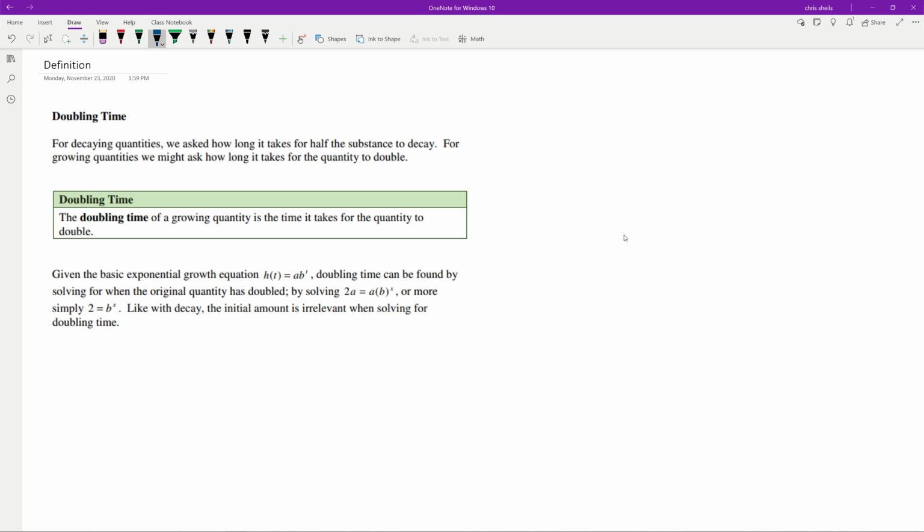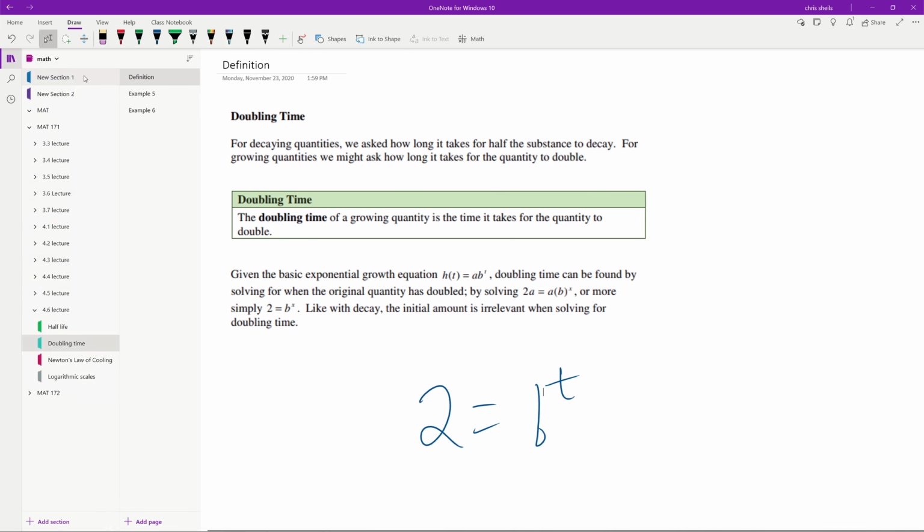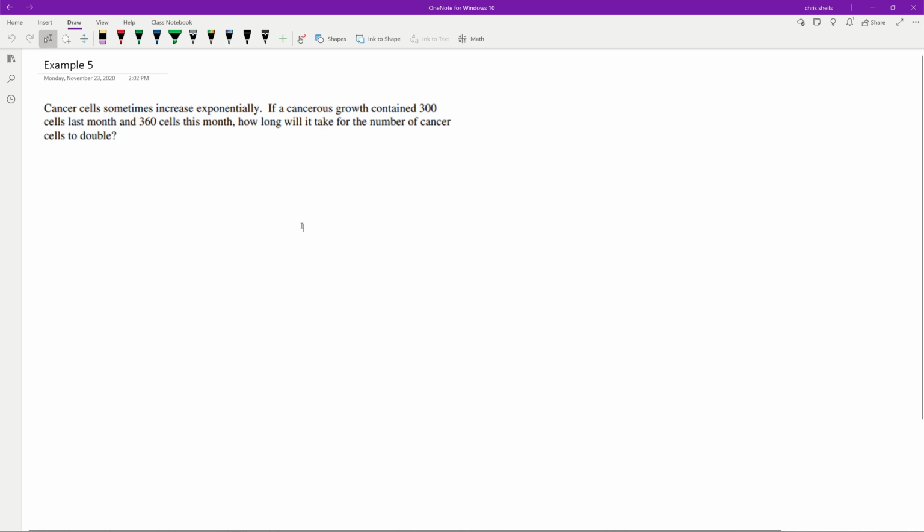So this time, instead of having 1/2 equals b to the t, we have 2 equals b to the t, or they wrote b to the x here. Very, very similar, very related problem.